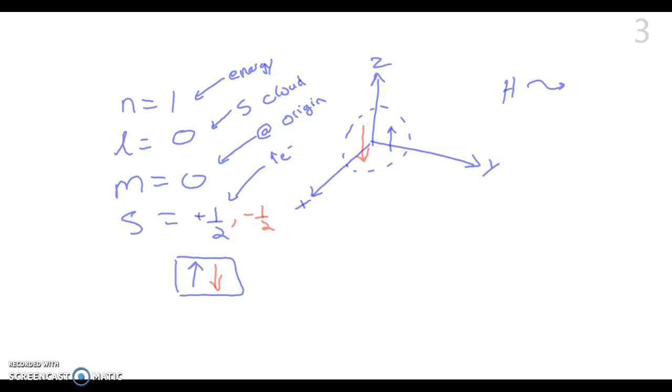The red example is the example for helium. Now if you count the electrons for hydrogen, I have 1. Count the electrons for helium, I have 2. They're both in the s orbital. They both fit in the same electron cloud. They both spin different ways.